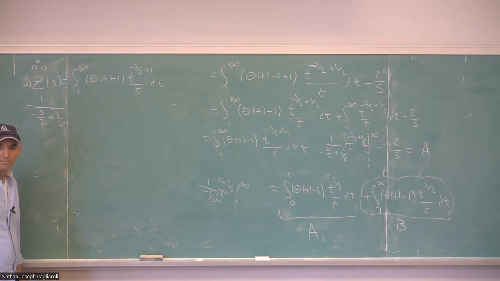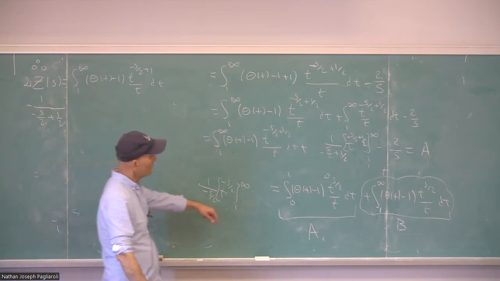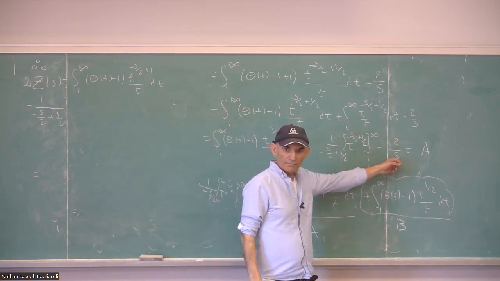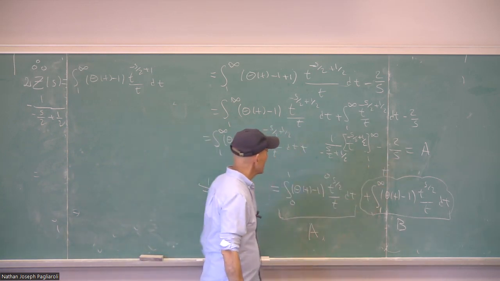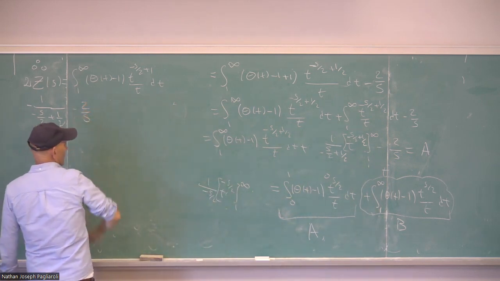And then what about this one? Negative 2 over s. That's also there.